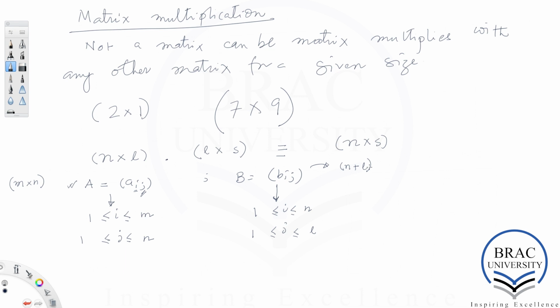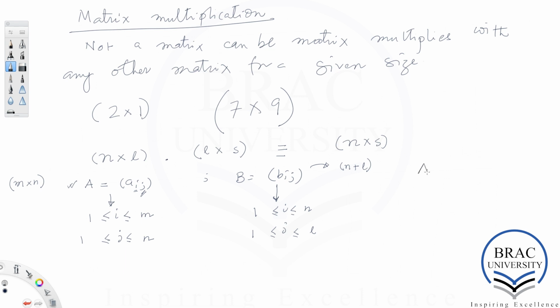So like I said before about the compatibility of matrix multiplication, we see that A can be multiplied with B, since the column number for A is n, and the row number for B is n as well.